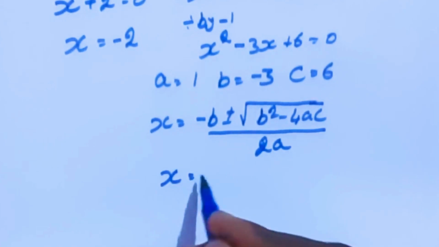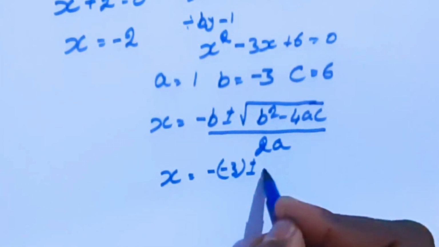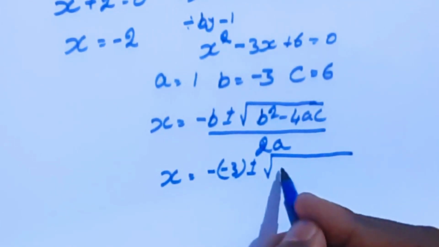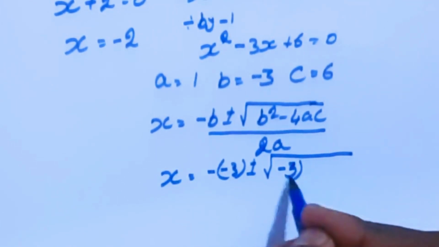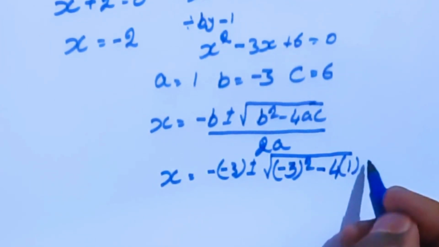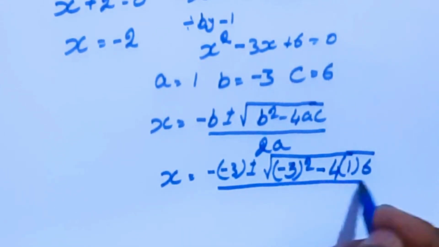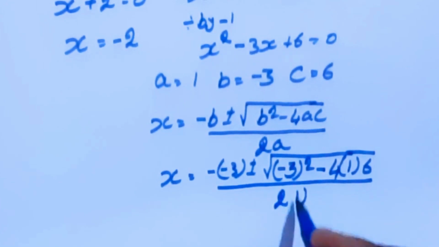Now x = (-(-3) ± square root of (-3)^2 - 4 times 1 times c, here c is 6) / (2 times 1).